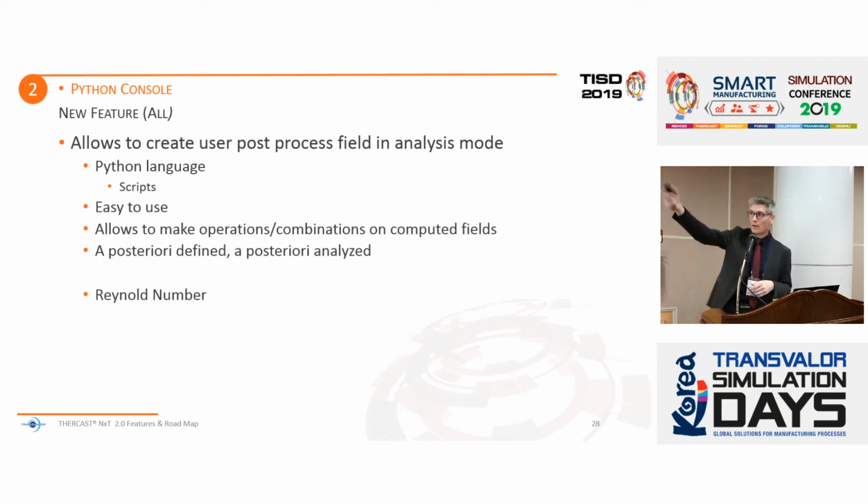So for example, the Reynolds number, which is a combination of the viscosity, velocity, density, and temperature, and whatever, and type and size, sorry. This takes into account 3 or 4 different computed fields, and in order to get another one, it is added at the end of the result by using the Python console. I did not know, but it's already also available in Forge, if you are interested in doing this with Forge also.